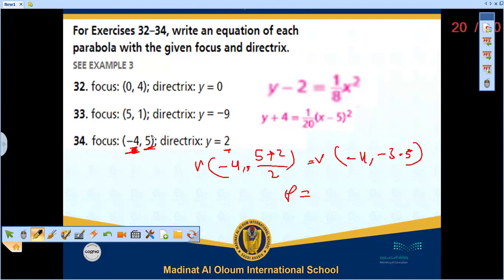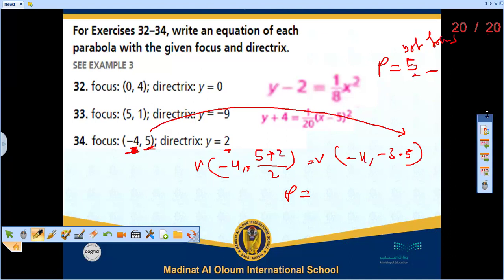I would make from vertex to focus 5 minus negative 3.5. My p is y of focus minus y of vertex. Makes 8.5. Or you can graph, it's better.